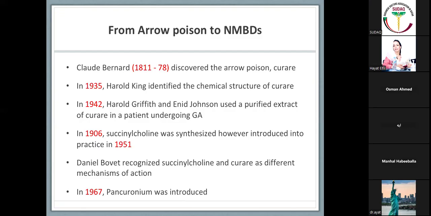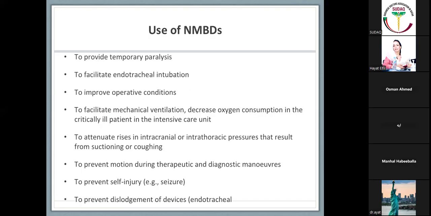Subsequently, they discovered the different structure between succinylcholine and curare, and that marked the beginning of the differentiation between depolarizing and non-depolarizing muscle blockers. And then after curare, pancuronium was discovered in 1967.